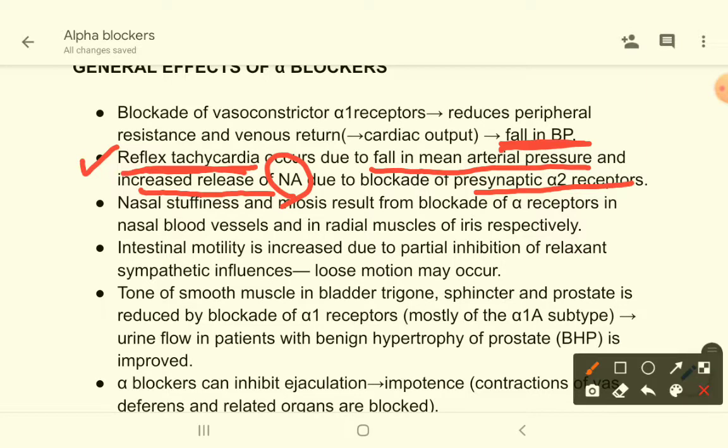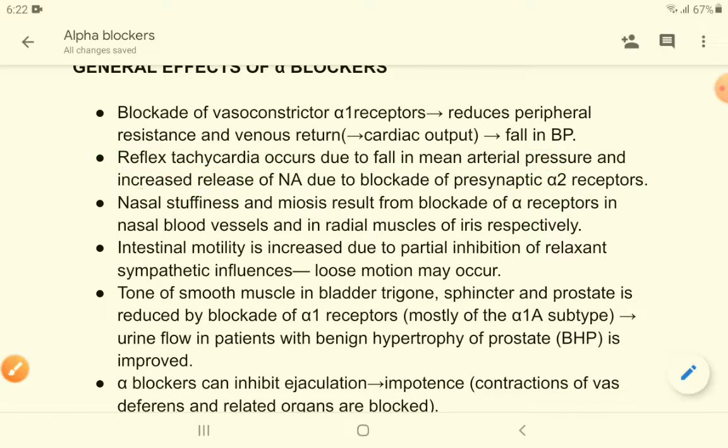So when there is blockage of presynaptic alpha 2 receptors, there will be an increased norepinephrine level, right? And this norepinephrine will act on the heart, and that will increase the heart rate. So there is a reflex tachycardia.